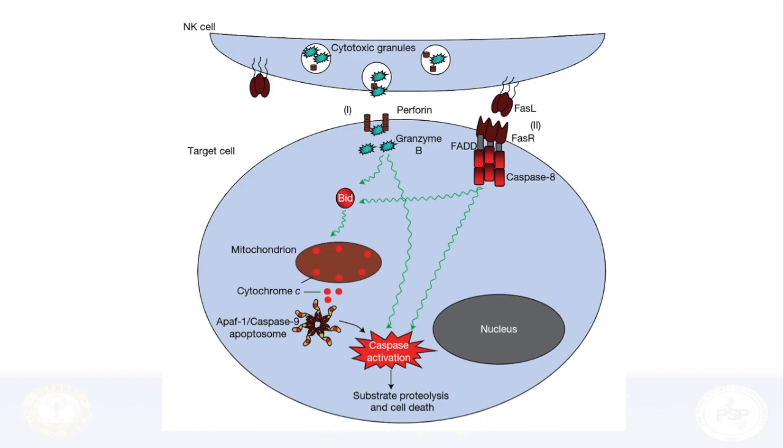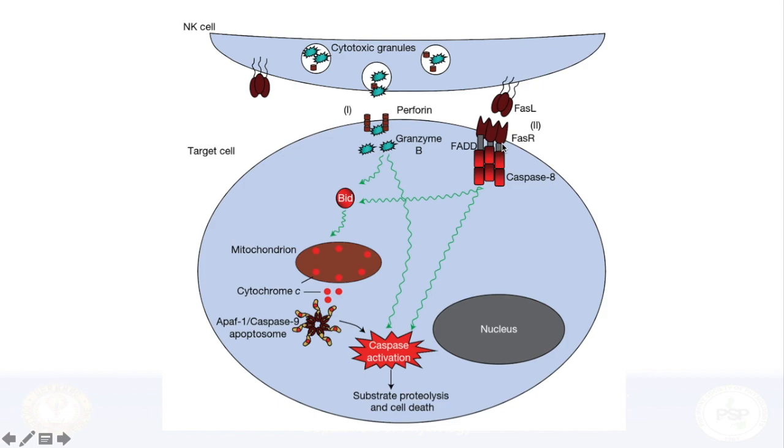So number one, there is the death receptor pathway. In your death receptor pathway, take a look at this one. On our natural killer cells, there is what we call your Fas ligand. This Fas ligand is recognized by the Fas receptor.